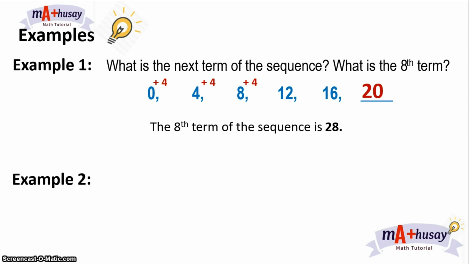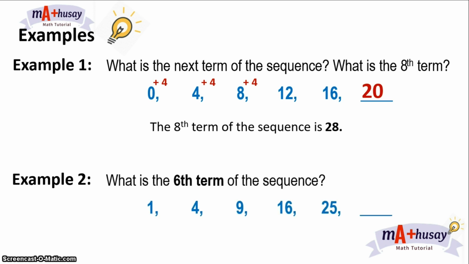Let's have example number 2. What is the 6th term of the sequence 1, 4, 9, 16, and 25? We can see that the terms of the sequence are all perfect square numbers.